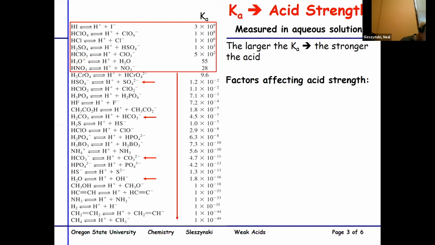Factors that affect acid strength include the polarity of the hydrogen bonded to whatever the central atom is for these acids.